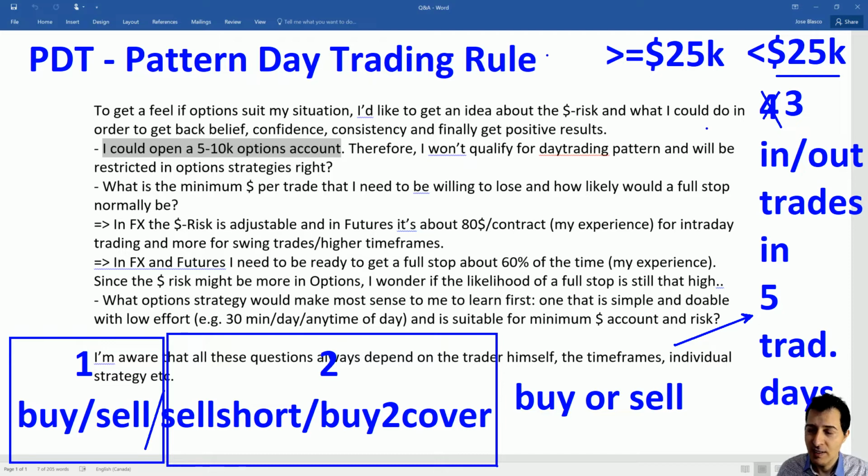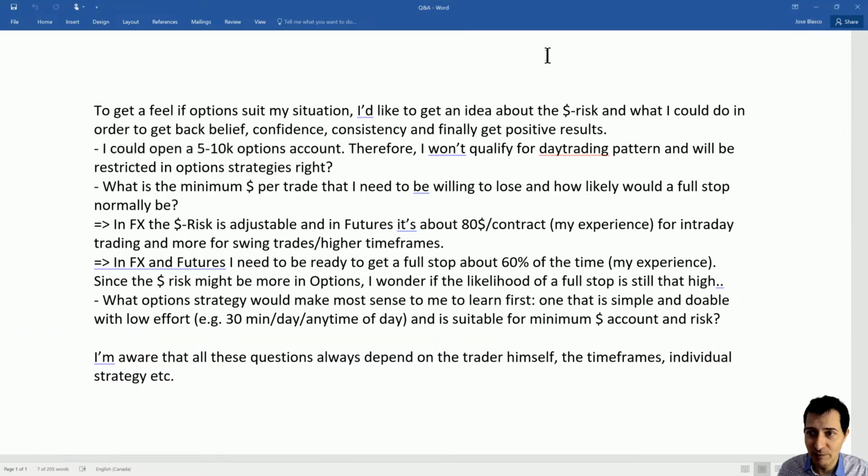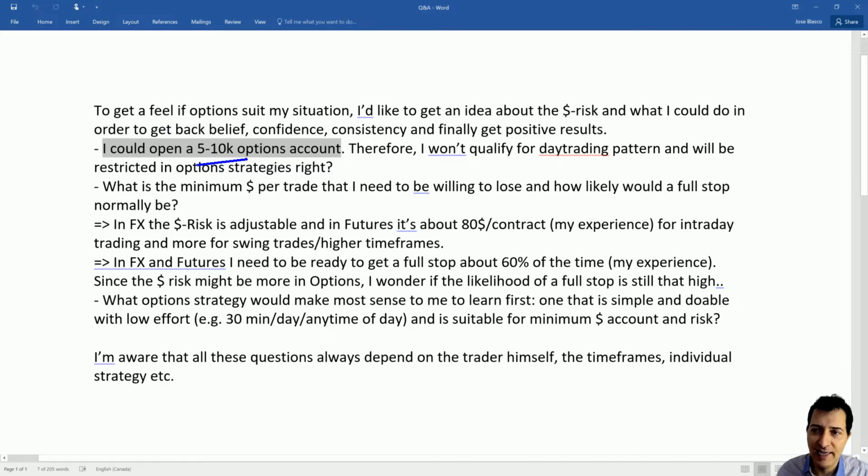So how does that apply to options? Going back to what if your account is 5 to 10k? Well, this applies to options because in options trading, you either trade single strategies, or the way it's technically known in the industry, simple strategies.